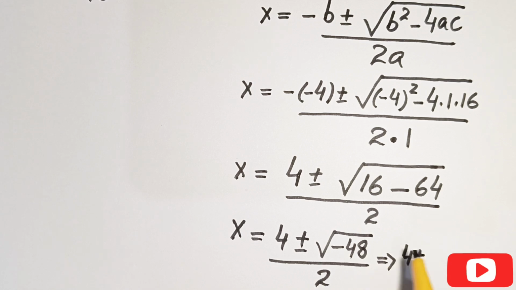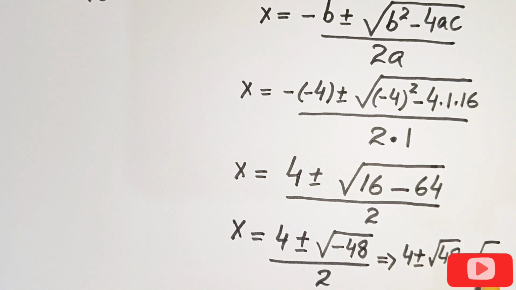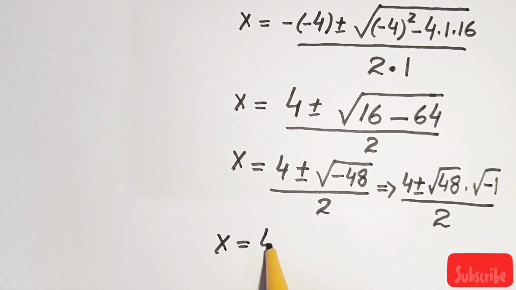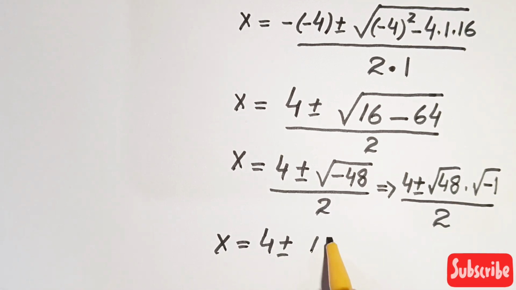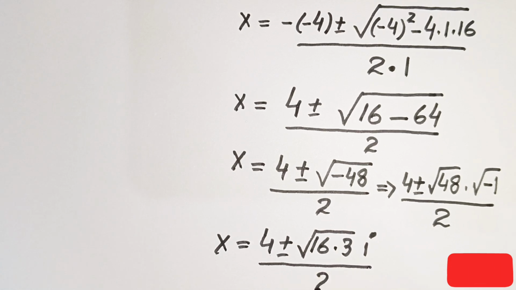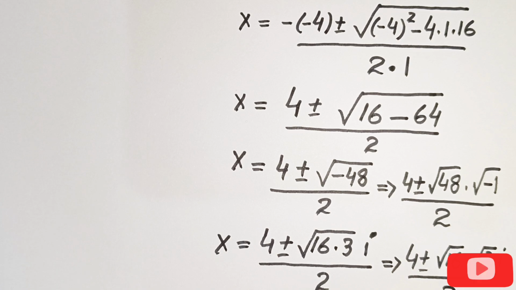Hence minus 4 plus minus the square root of 48 times minus 1, which is square root of minus 1, all over 2. Now 48 is actually 16 times 3, and square root of minus 1 is equal to i, all over 2. Here we have minus 4 plus minus square root of 16 times square root of 3 i, all over 2.